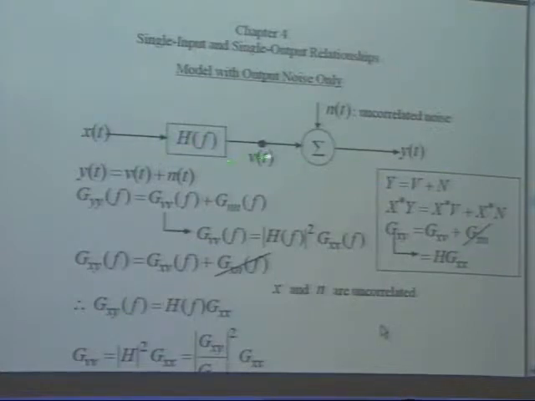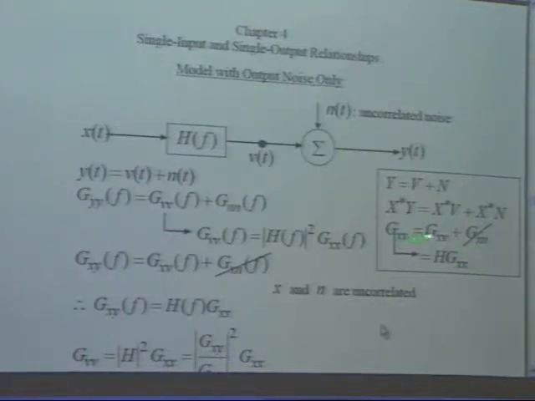If you look at this, Gxy is equal to Gxv because noise is uncorrelated, doesn't come into the picture. And of course, Gxy is equal to H times Gxx.